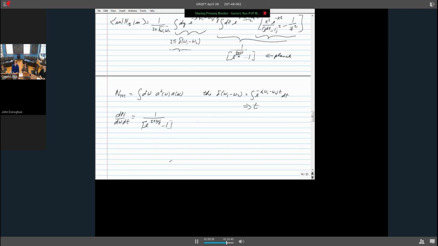So here's where the Planck spectrum comes in. And it comes from that coordinate transformation there. Okay.